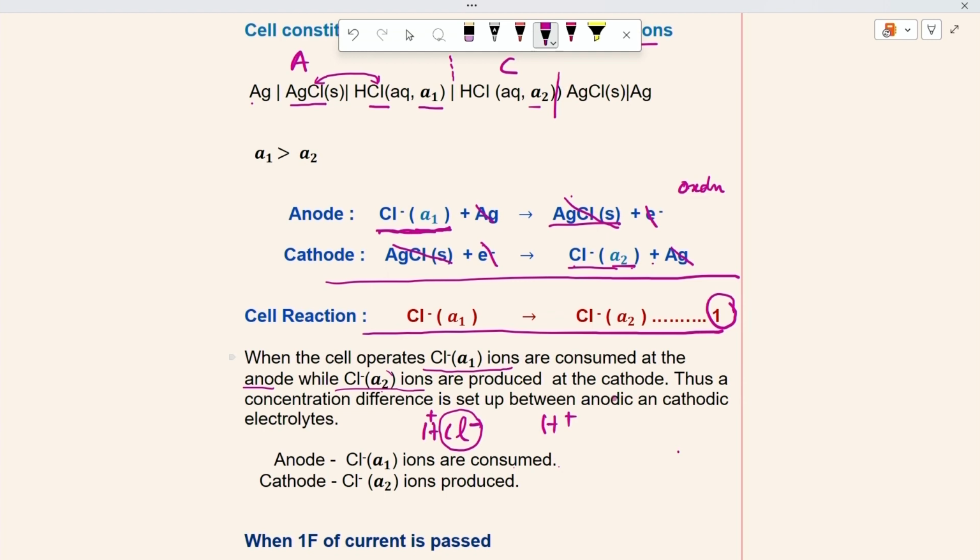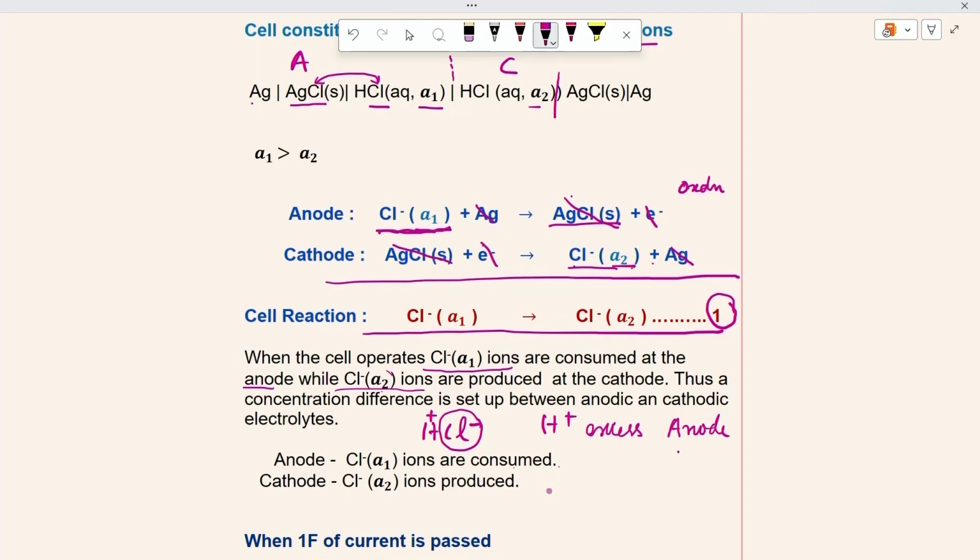So, when the cell runs, there will be an excess of H plus ions at the anode. At the cathode, there will be chloride ions being produced, but they don't have any H plus ions to combine with them, and at the cathode, there will be a deficiency of H plus ions.